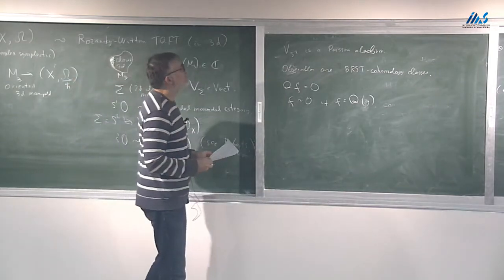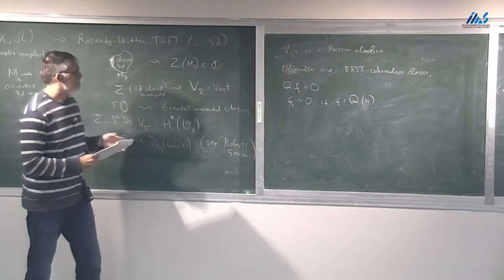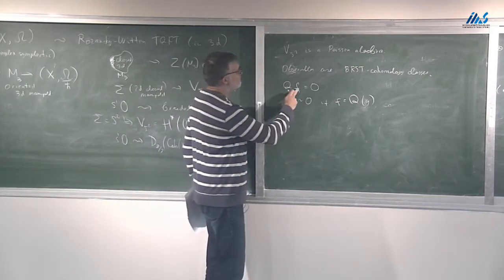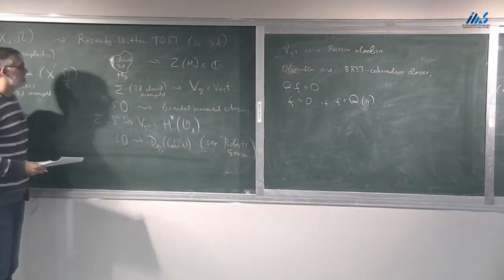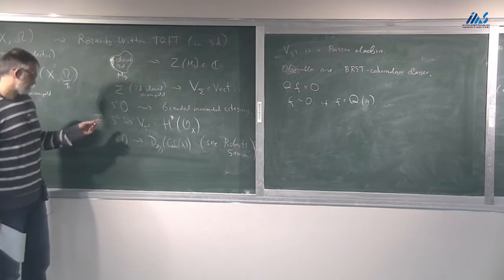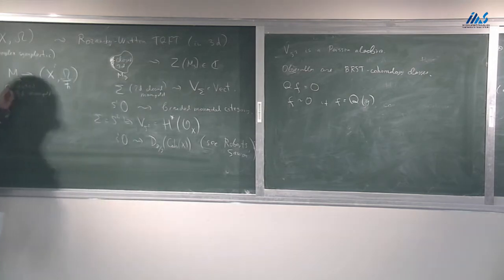So now, interestingly, a typical observable will be some function on X, and then use this map to pull it back to M and evaluate at some point on M. But it turns out it doesn't matter at which point you evaluate, because moving on M doesn't really change the cohomology class of the operator.